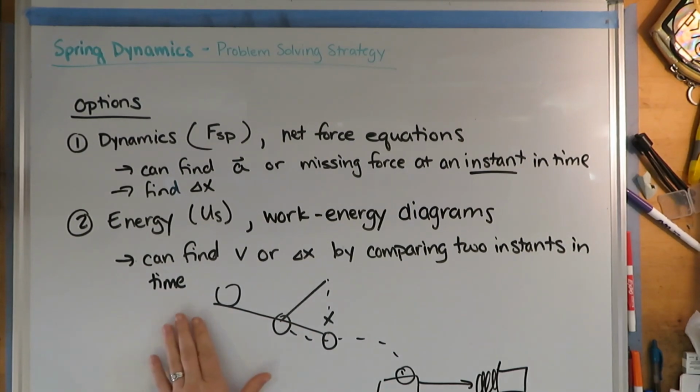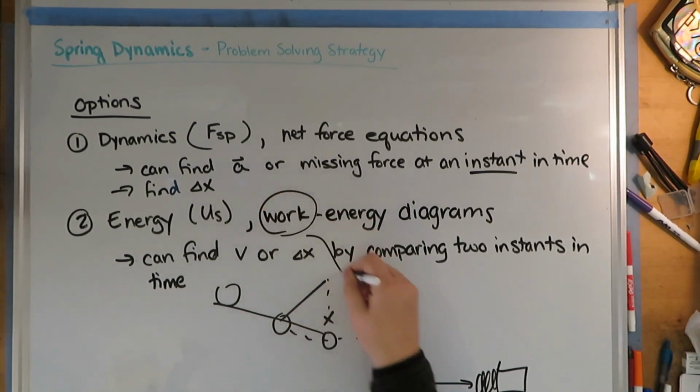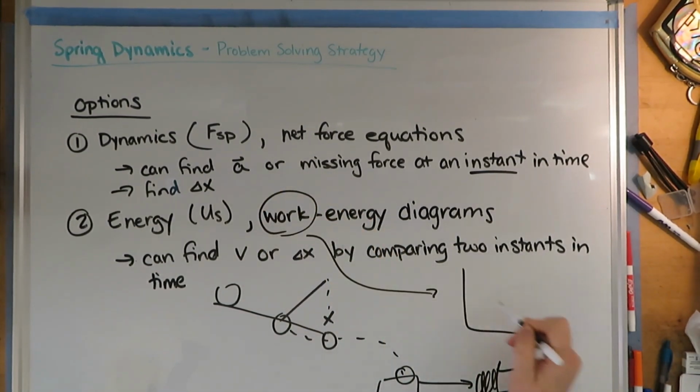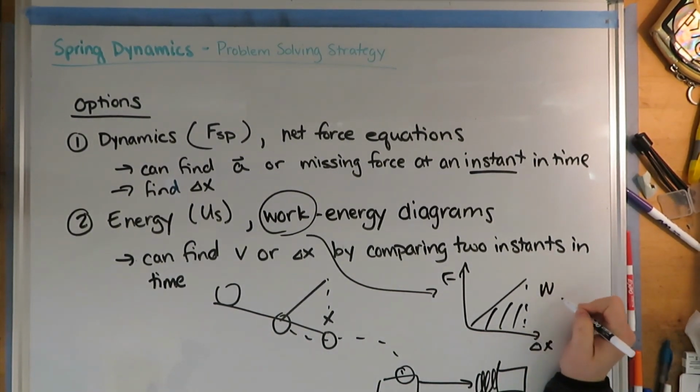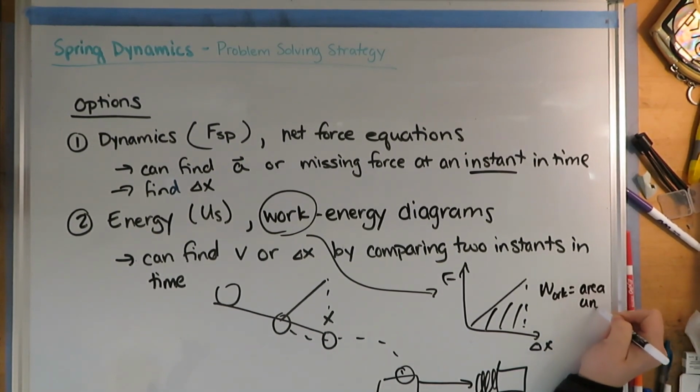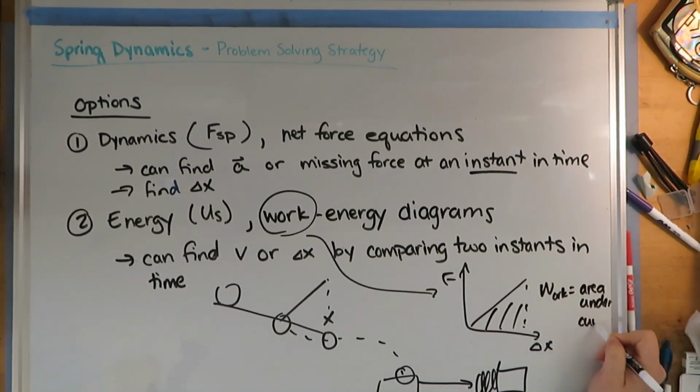But you just have to remember that when you're doing work energy, if I have a force displacement graph for our situations, our area is not a rectangle. So your work is always going to have to be found with the area under the curve, which we talked about a little bit earlier.